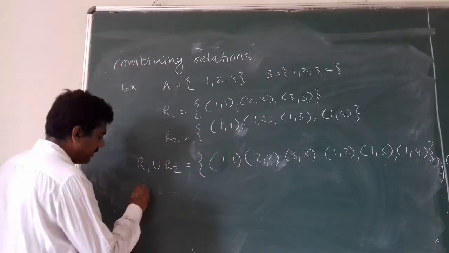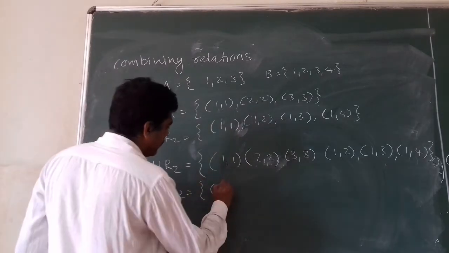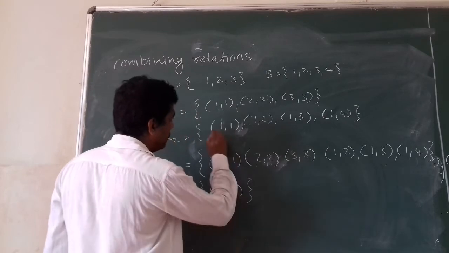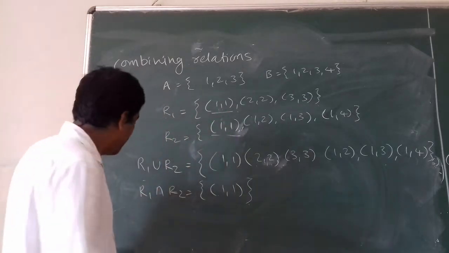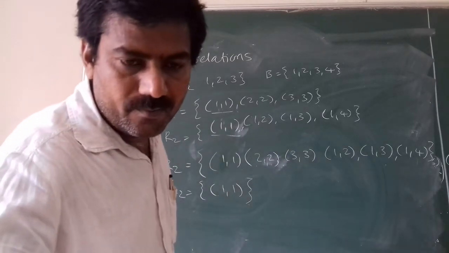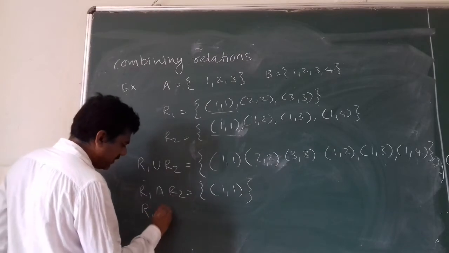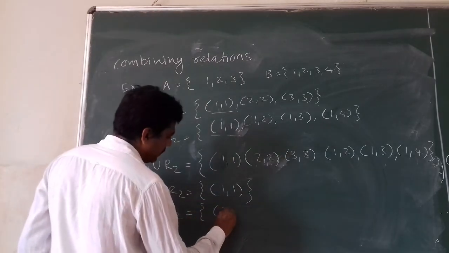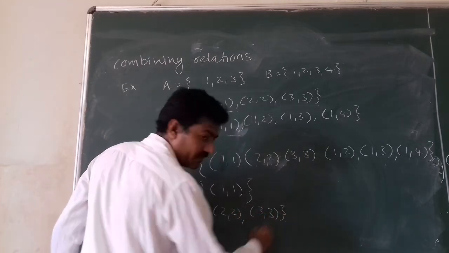Okay. Next, intersection, R1 intersection R2. Now this will contain the element (1,1), this one element only. So that is the intersection. Likewise, the difference operation R1 minus R2 will be (2,2) and (3,3).